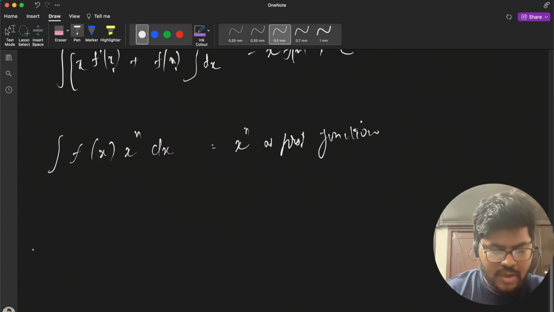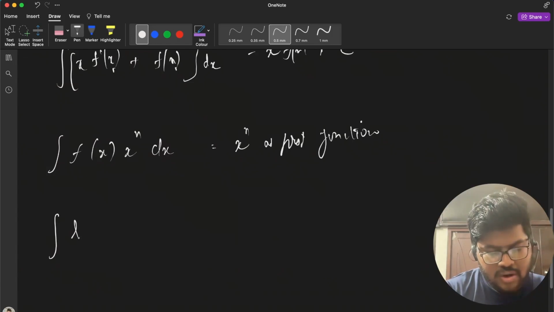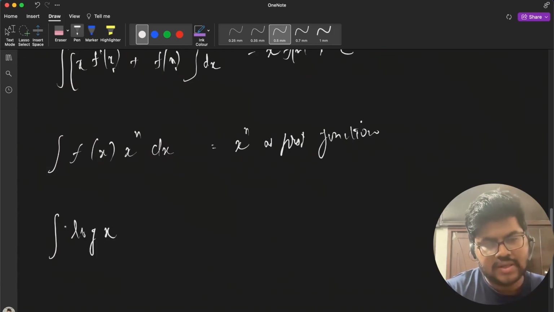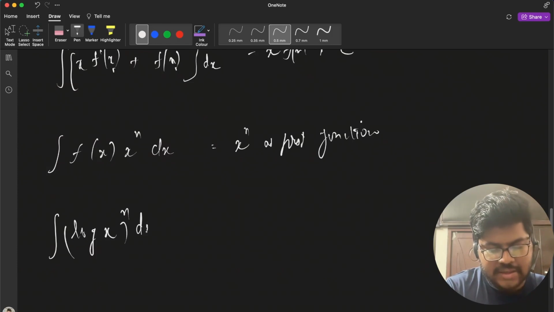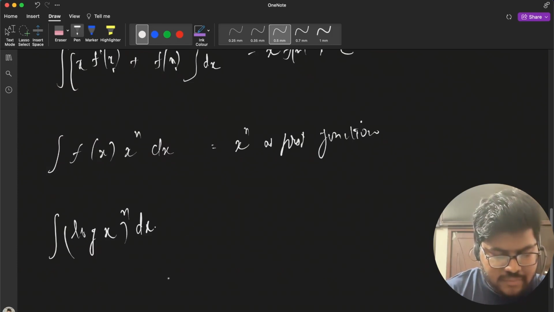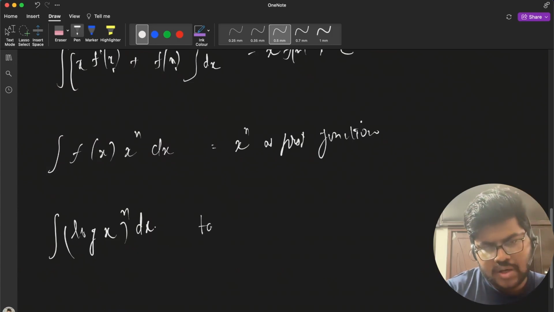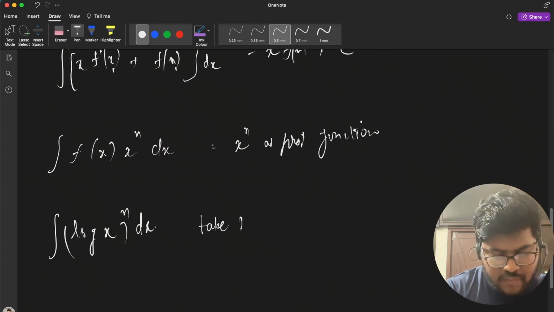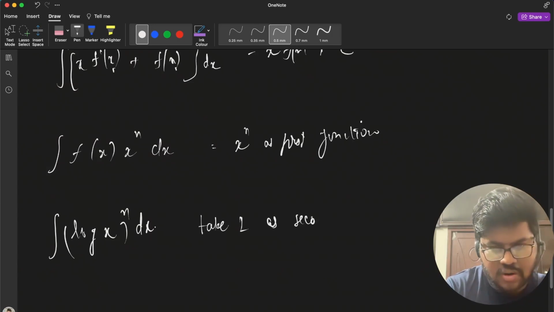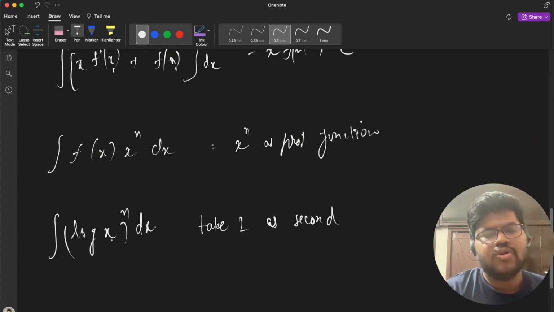Okay, so now also if we take the integration as (log x) to the power n dx, then what we'll be doing is taking the first as second function. So this is completely the first function, right? So it is missing here.